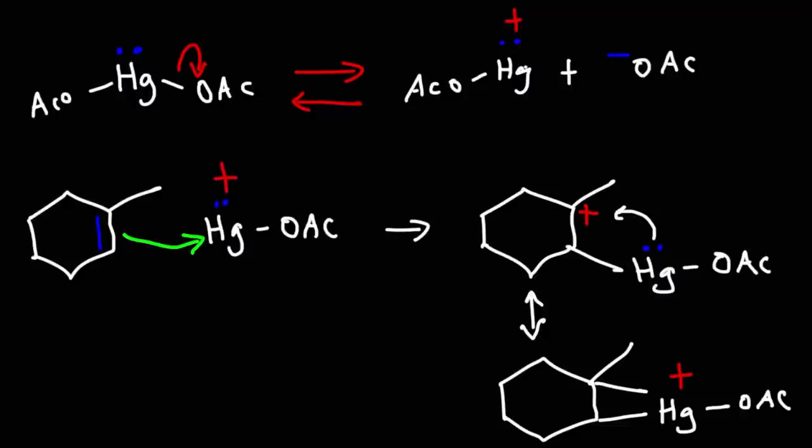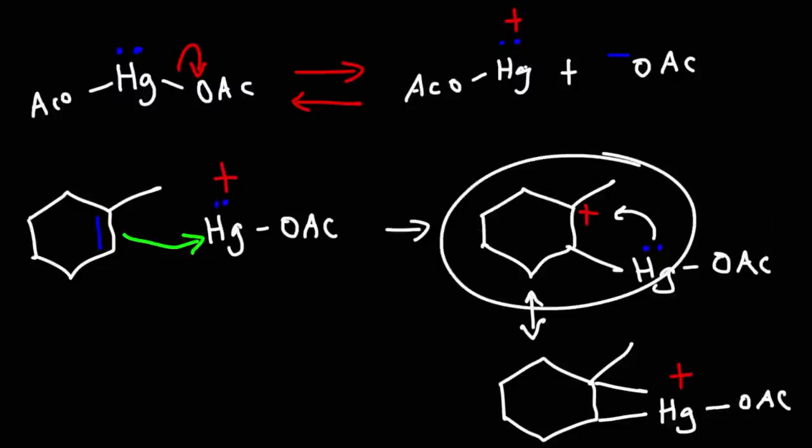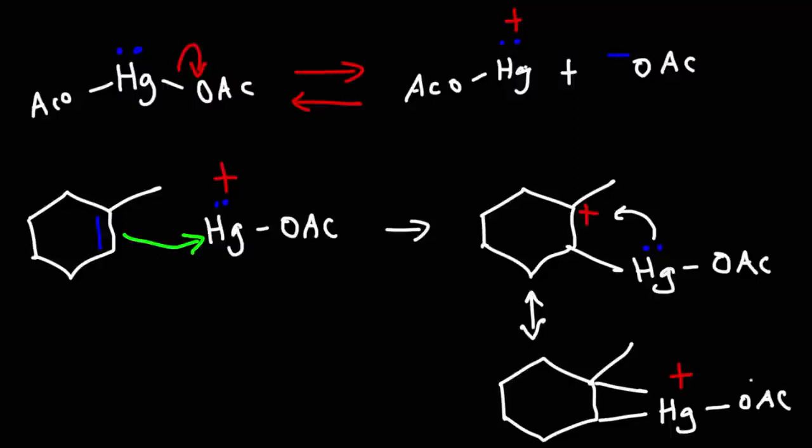Now the true intermediate is somewhere between these two structures. It's not a pure carbocation because this intermediate doesn't rearrange like a typical carbocation does. And it's not exactly this structure either, because it does have some characteristics of a carbocation and some characteristics of a three-membered ring. So it's somewhere between the two.